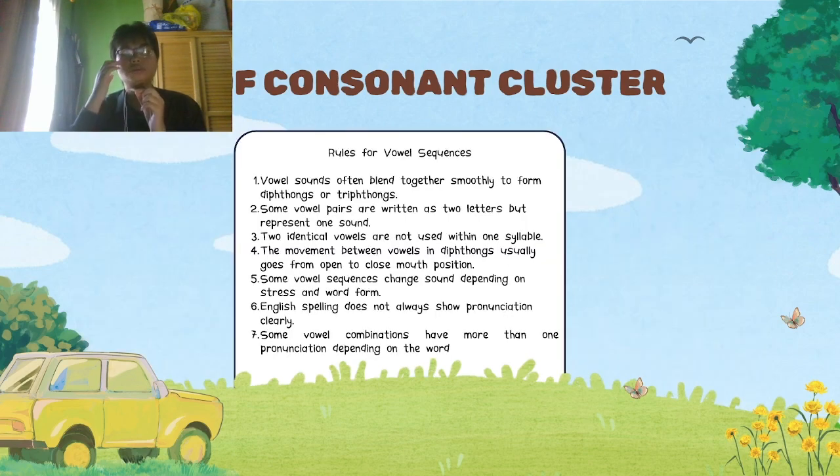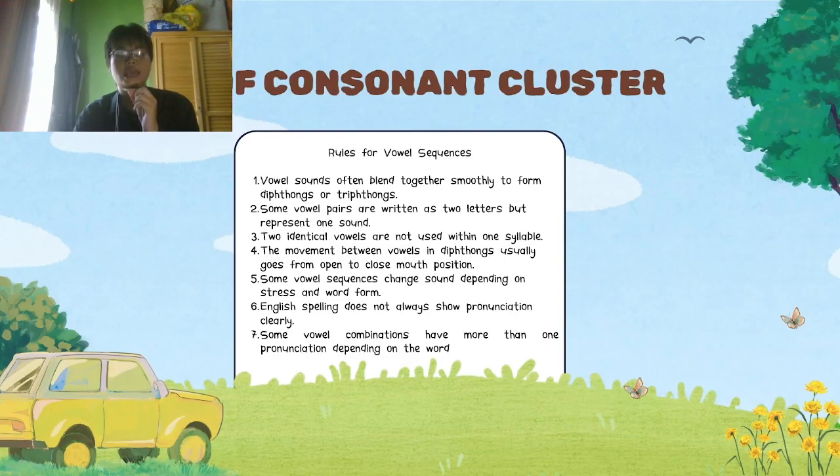And here are the rules of vowel sequences. In English, vowel sounds often blend together smoothly to form diphthongs or triphthongs. For example, coined. The second rule is some vowel pairs are written as two letters but represent one sound.